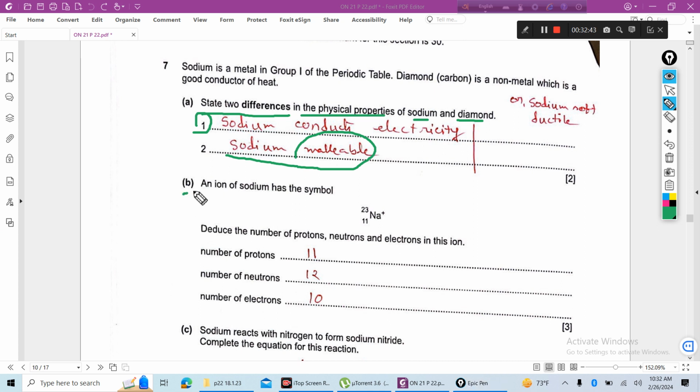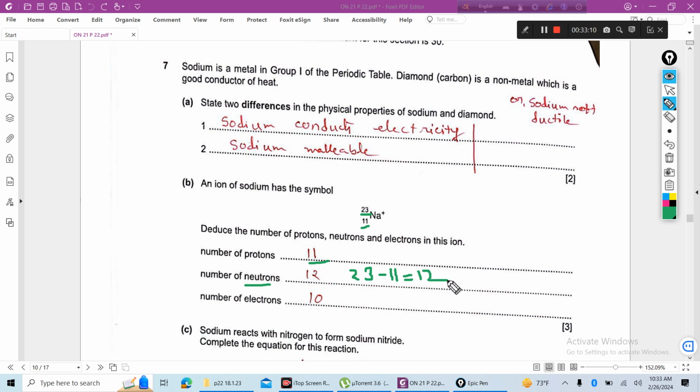Then B, an ion of sodium is given, sodium ion. So the number of protons equals the atomic number, 11. Number of neutrons will be 23, the mass number, minus 11, you get 12 neutrons.